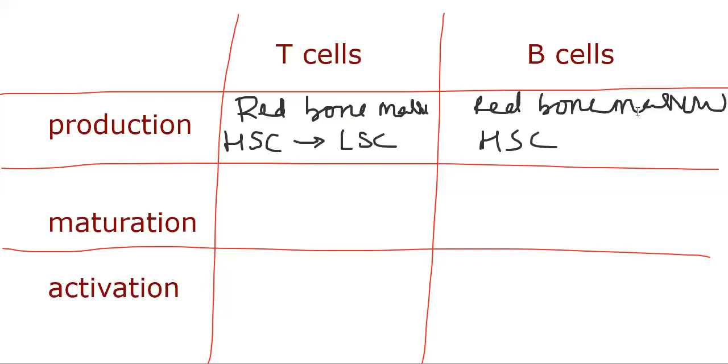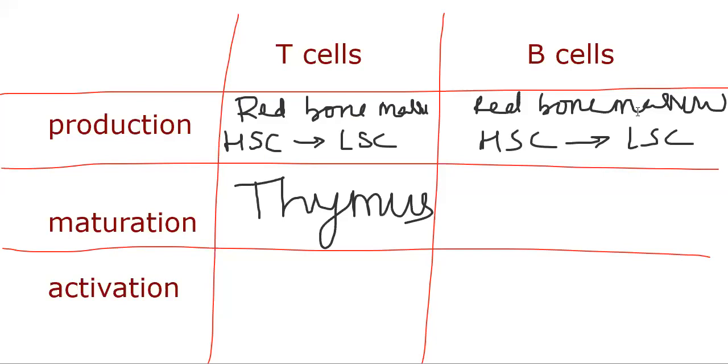The hemopoietic stem cell differentiates into lymphoid cells. That is called production, which happens in the red bone marrow. After that, T cells are going to shift into the thymus. So maturation of T cells occurs in the thymus. Maturation of B cells occurs in the bone marrow.